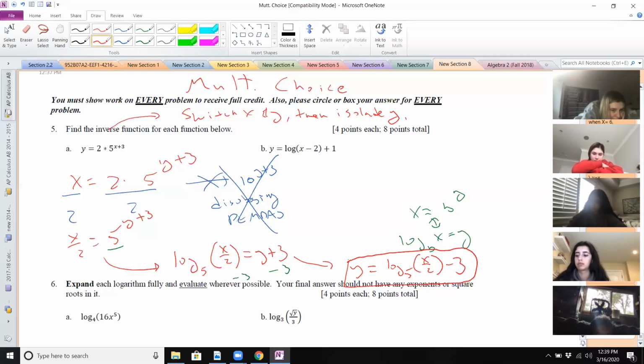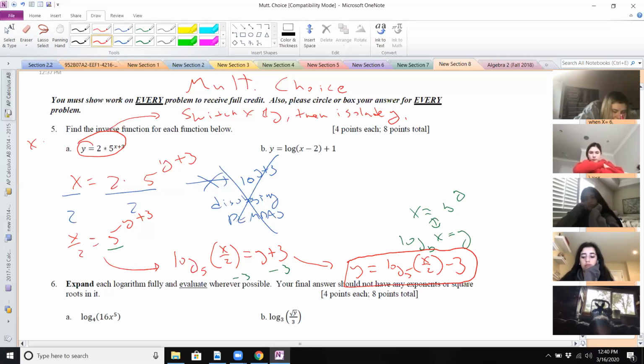So that's the inverse of our original function. And I know I did this right, because what if I plug a number into here? We'll say x is -2.